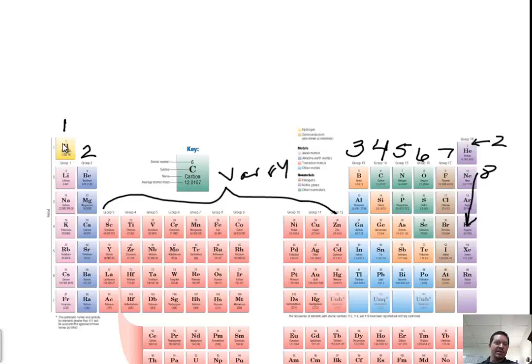These trends apply to the elements that are underneath that number, so the elements that fall underneath will have that same number of valence electrons in general. There's some that vary over here on the right side of the periodic table, but in general this is the trend that occurs with valence electrons.